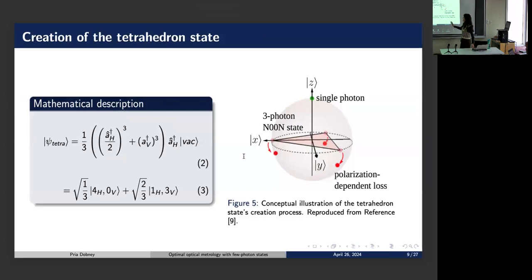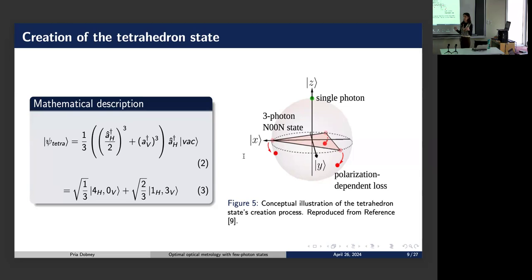Again, the Bloch sphere part of this diagram is not showing up on the screen, so I apologize if it's not super clear. I'll just try and give a quick conceptual description of how we make the tetrahedron state in the lab. So again, this is the Majorana representation depiction. We basically create a 3-photon Luna state.